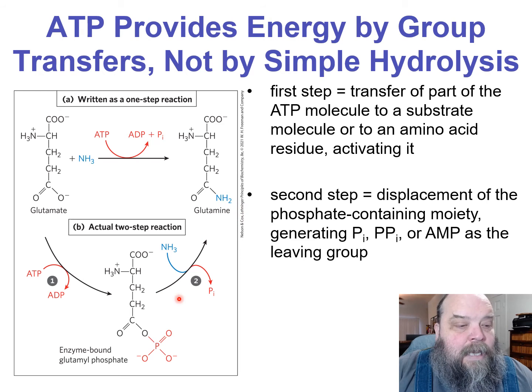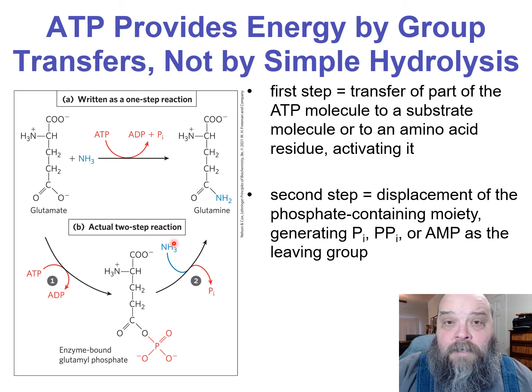Adding on this functional group does change things. Whether it's being added directly to an intermediate, so you can go from glutamate to glutamine, or if the functional group, the inorganic phosphate, is being transferred from a triphosphate to an enzyme to activate it, it's changing the shape, changing the function.